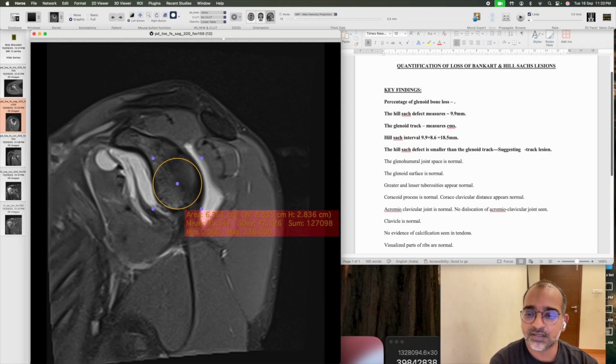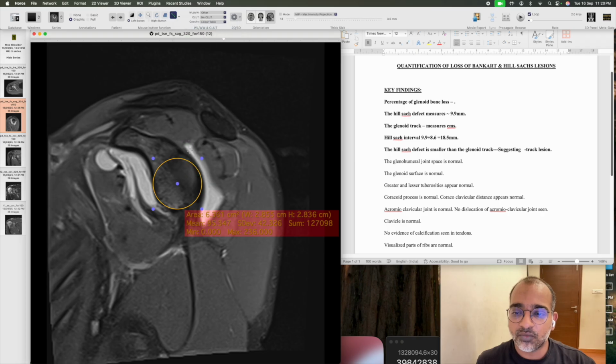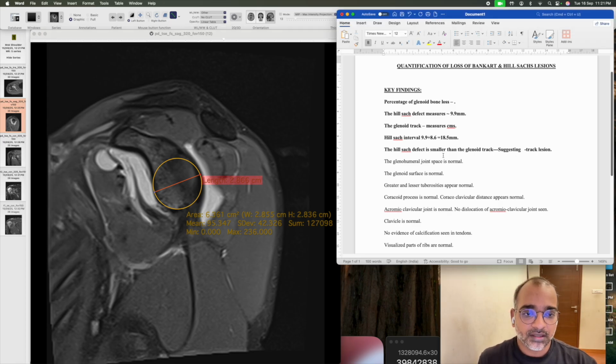Actually, in this case, there is no significant loss of the bony glenoid. So it is almost a negligible amount of bony loss. If I take the diameter of this circle, I get the glenoid measuring 2.8 centimeters or 28 mm.